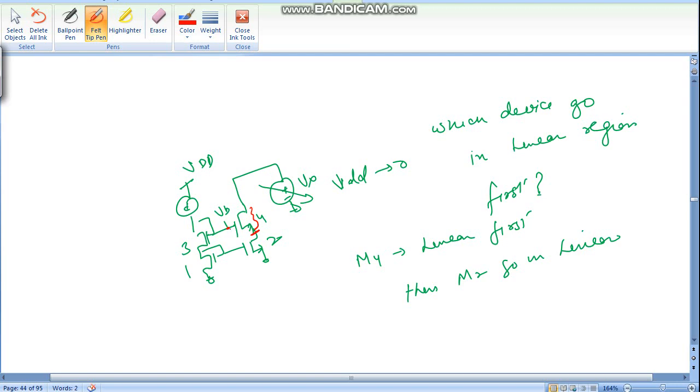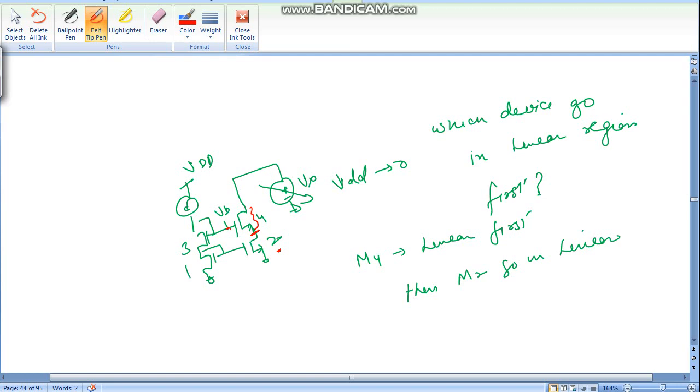If we assume the current is constant and Vx is going down, then VDS of M4 will go down first, and after that VDS of M2 will go down, and then M2 will go into the linear region. So first M4 will go into linear, then M2.